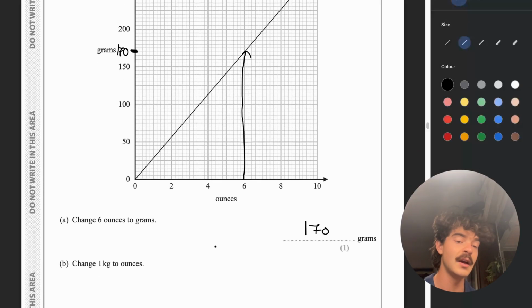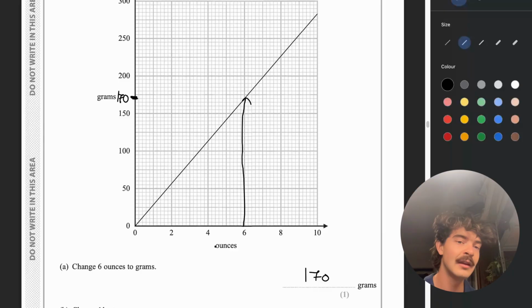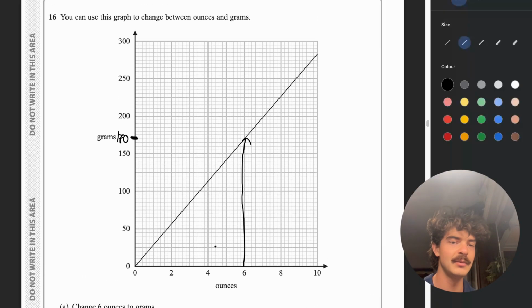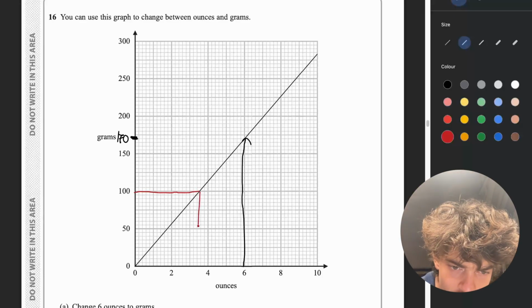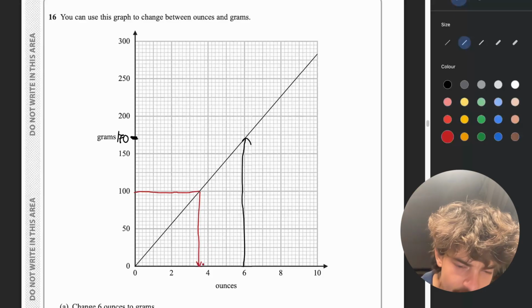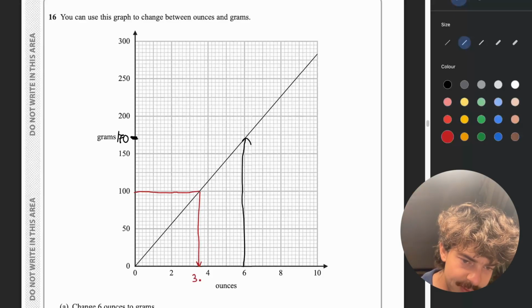Then we've got change 1 kilogram into ounces. Now that's interesting because we don't actually have a kilogram on our y-axis, but we do have 100 and we do have 200. So maybe we should take one of these. I'm going to take 100. We take 100, we end up at this point here, which is roughly here, which I'm going to say is about 3.5.